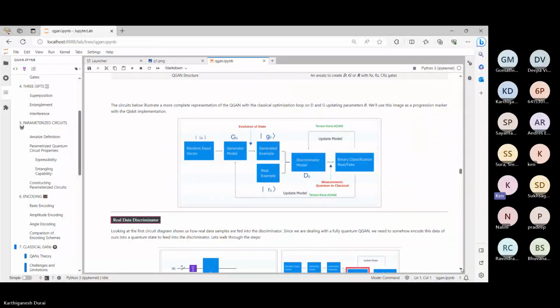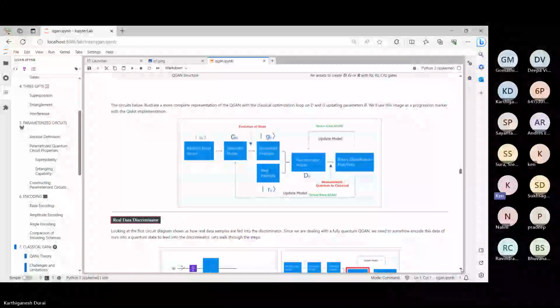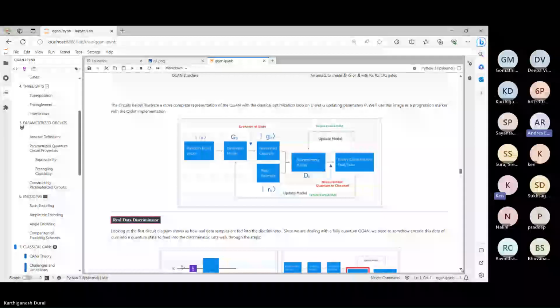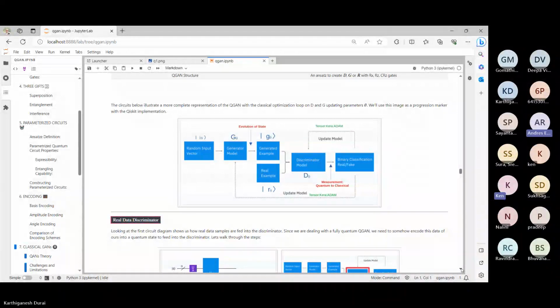When the discriminator rejects a sample, this will be offloaded to the classical optimizer, and the classical optimizer will update the generator model and update the discriminator model. This image will follow as our template. When we're talking about any of the specific things here, I'll circle what we're talking about for the classical sense. Okay, let's go to real discriminator images now.